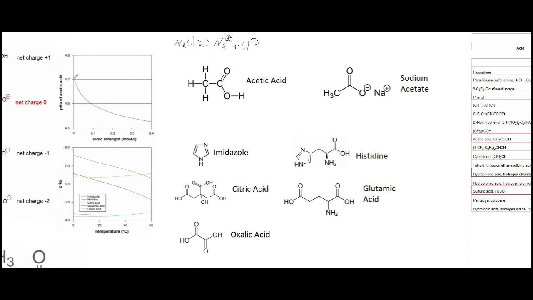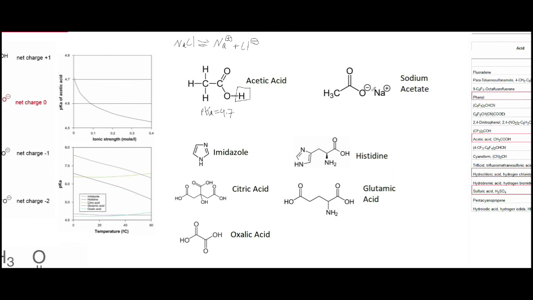You see if we have 0 of it, then we are at that 4.7-ish range, a pKa of around 4.7. But as we start adding this salt, the pKa starts dropping, and so we start losing this hydrogen more readily because the pKa is dropping.